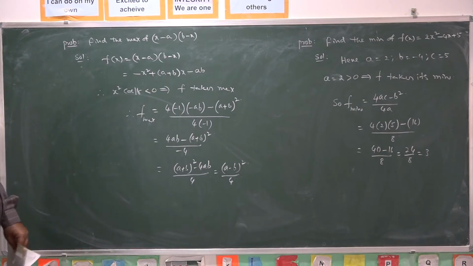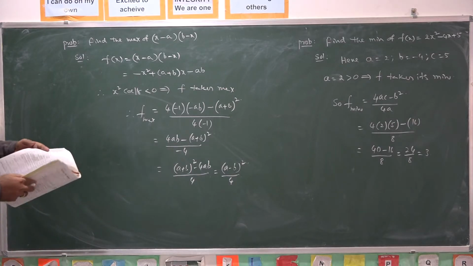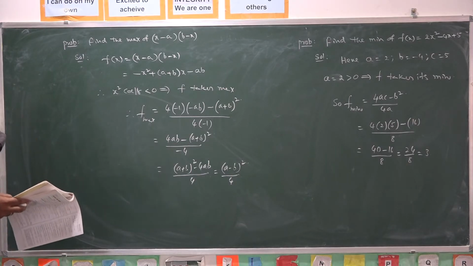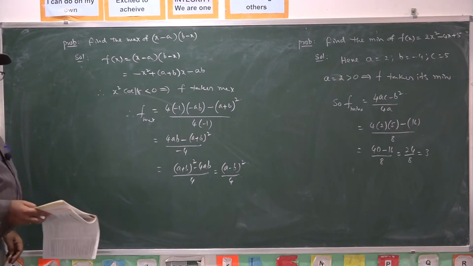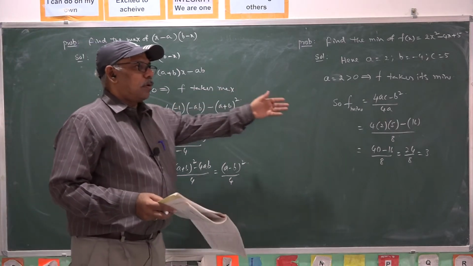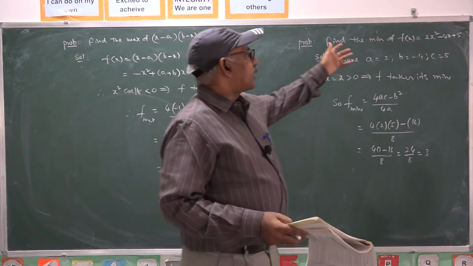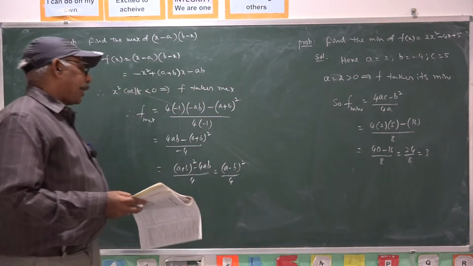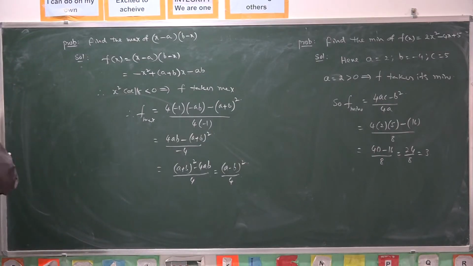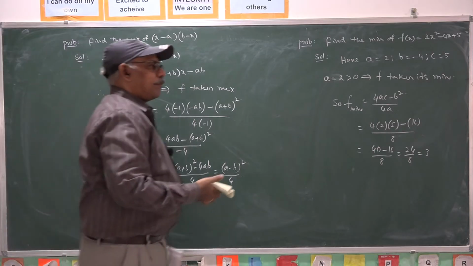So, this is the maximum value of x minus a into b minus x. So, in case of quadratic, you can use this formula to find minimum or maximum, provided that x square coefficient a is positive or negative. Straight away you can use these formulas to find maximum or minimum of a quadratic form.